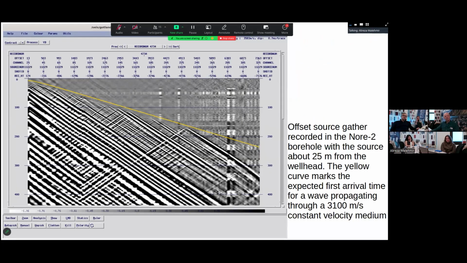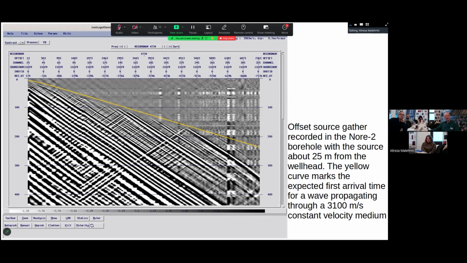But if we move to an offset point, we can make out the P wave arrival. We also see that there are many points where we're generating both upgoing and downgoing tube waves when the P wave arrives. So even if we don't see the P wave arrival clearly, we can calculate the travel time to a certain depth in the borehole, down to about 550 meters.